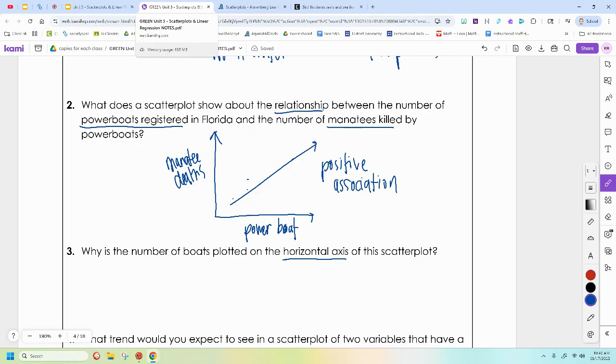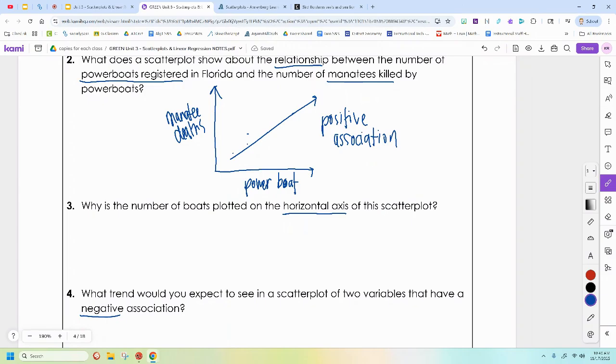All right. So then, why were the powerboat registrations placed on the horizontal axis? Because the hope was that maybe the powerboats explained, right, the deaths, and so that's that idea of the explanatory, the response.